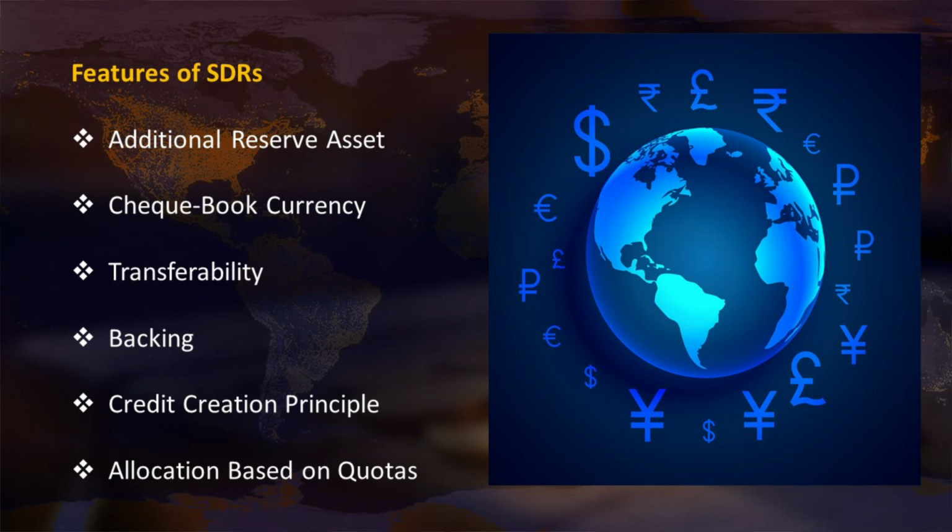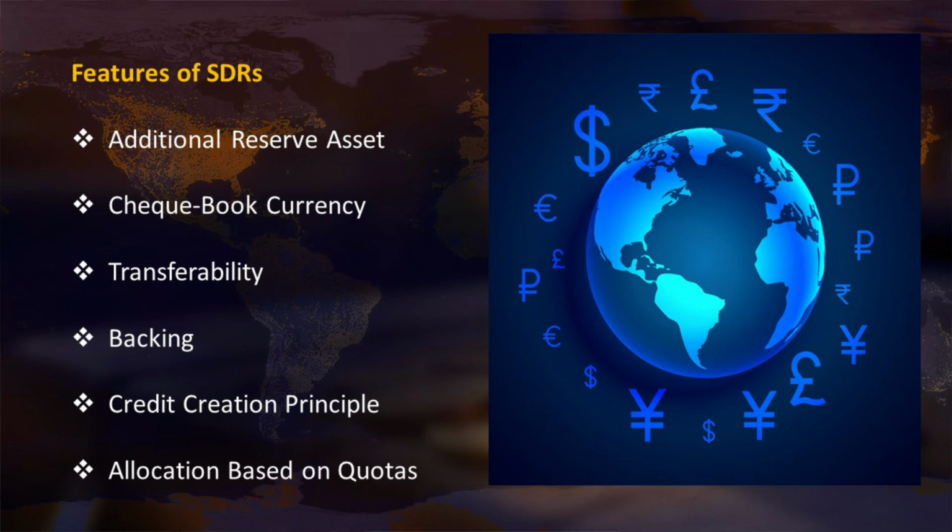Another important feature of Special Drawing Rights is the checkbook currency. SDRs exist as bookkeeping entries within the International Monetary Fund and can be used in international transactions similarly to a checkbook system. Another important feature is the transferability.